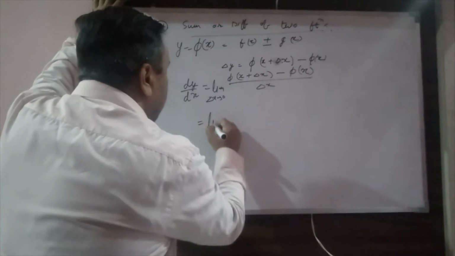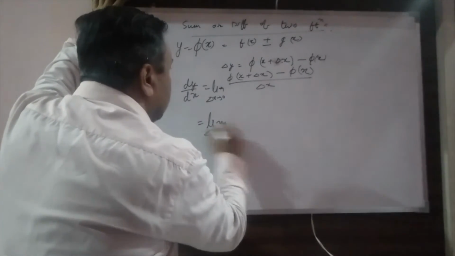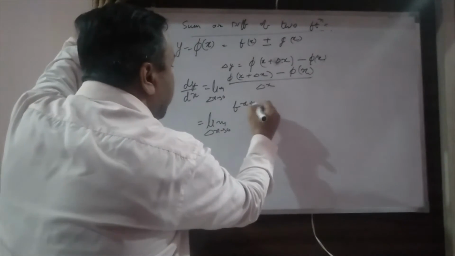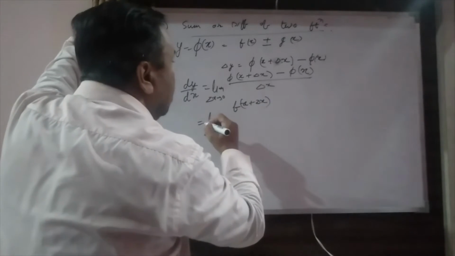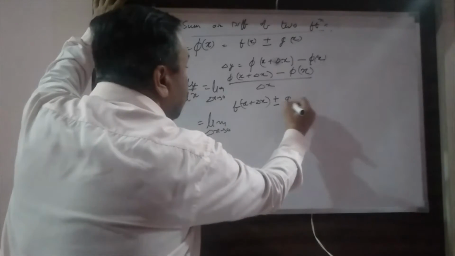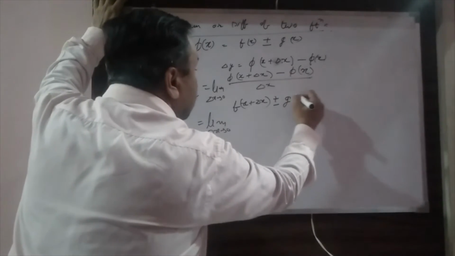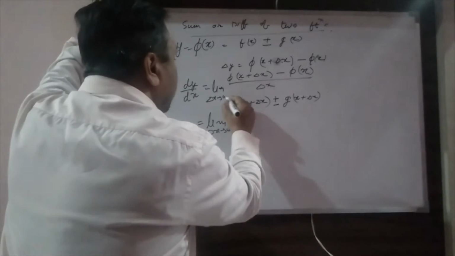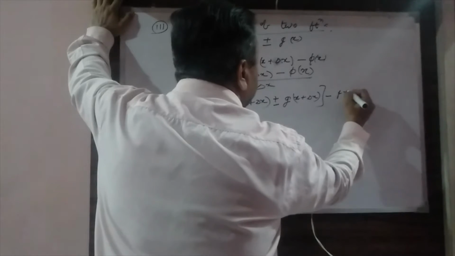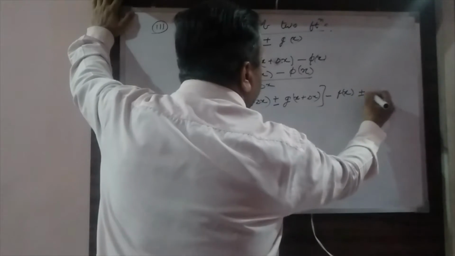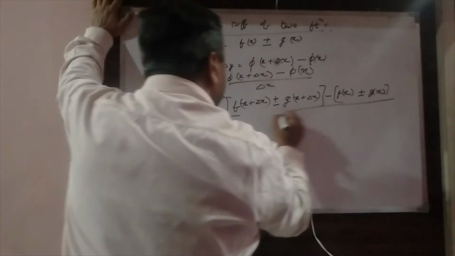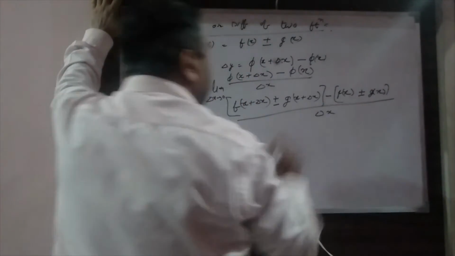This is actually f(x plus delta x) plus or minus g(x plus delta x). Second thing will be f(x) plus or minus g(x), and this complete thing divided by delta x.